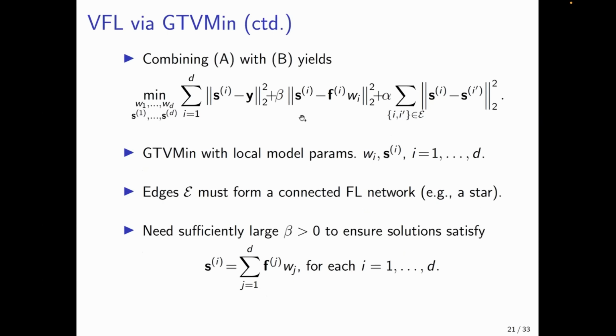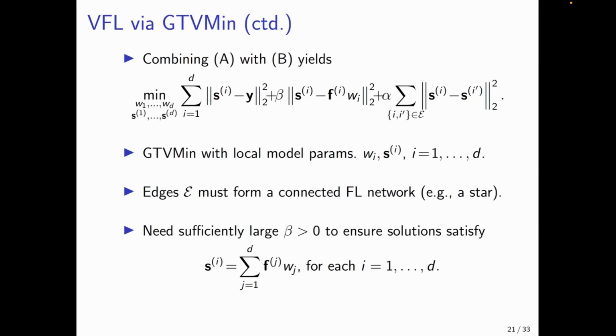However, I must emphasize that this GTV minimization trick works only if each node in the network has access to the labels, because I need the labels here to formulate the local loss function for GTV minimization. If node I doesn't have access to the labels, node I cannot implement this loss function, and my whole construction is useless.